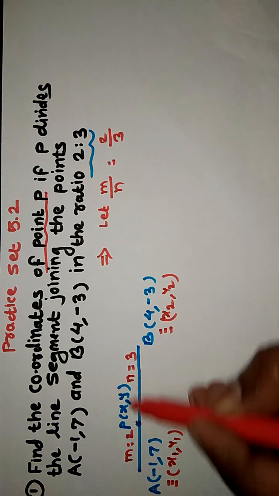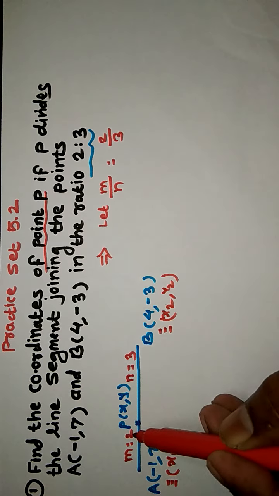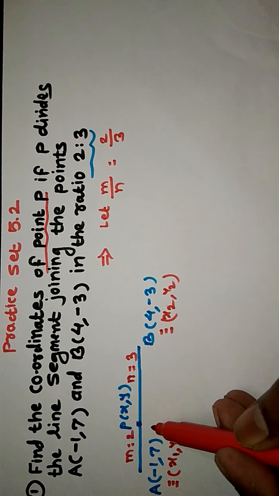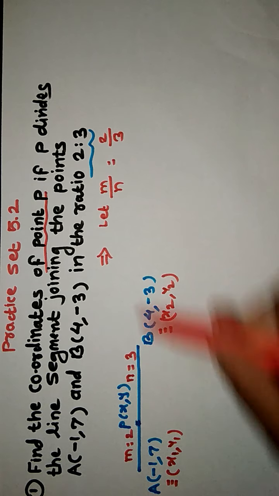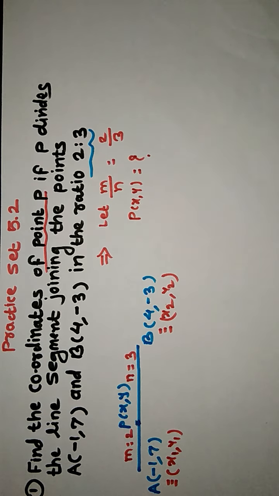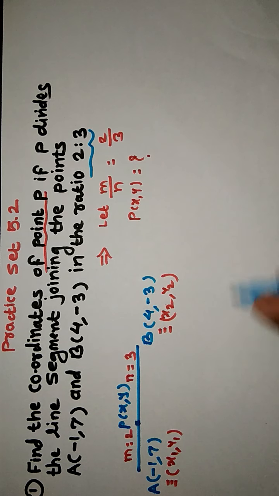The ratio m is to n is given. Let m is to n be 2 is to 3, means m is equal to 2 and n is equal to 3. This is mentioned in the figure, and our aim is to find P(x, y), the coordinates of point P.